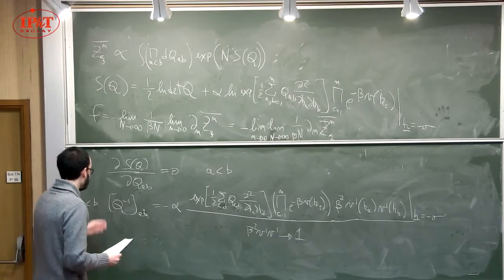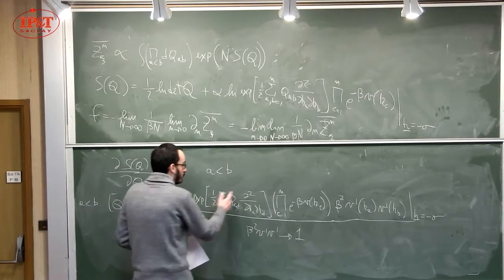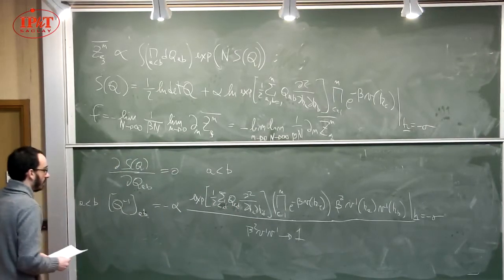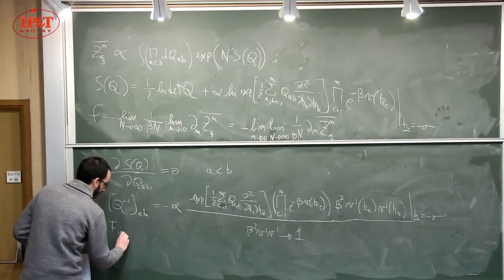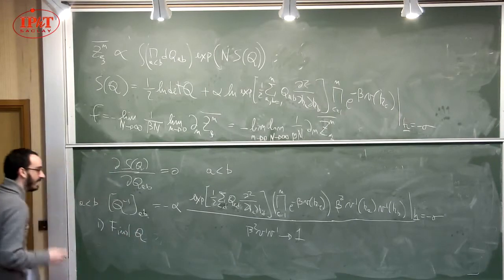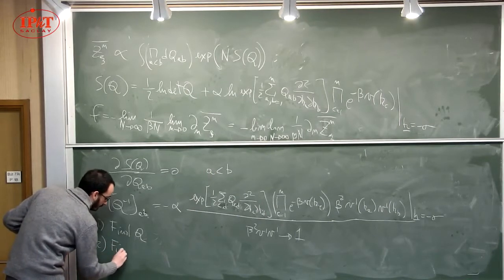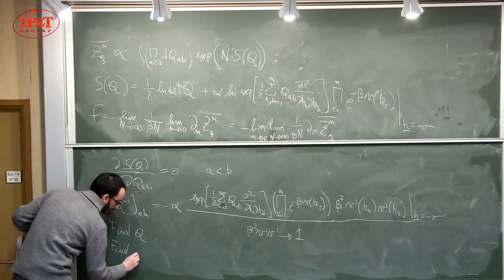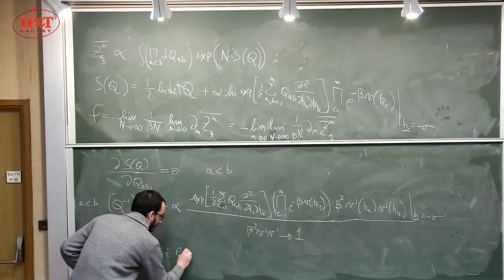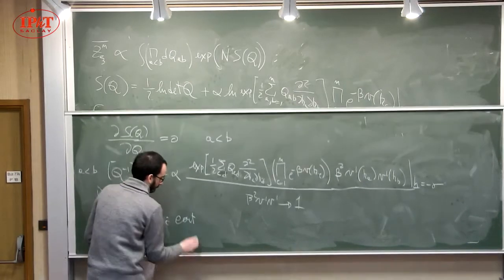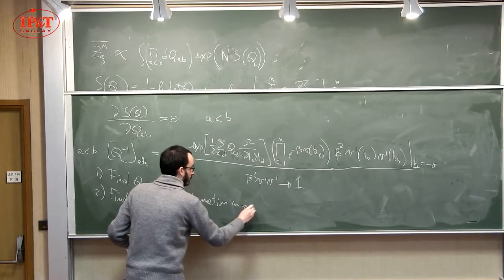Okay. So this is an equation, but it's very complicated because in principle you want to find a solution for Q. And then in principle there is a second problem that you want to find an analytic continuation when n goes to 0.